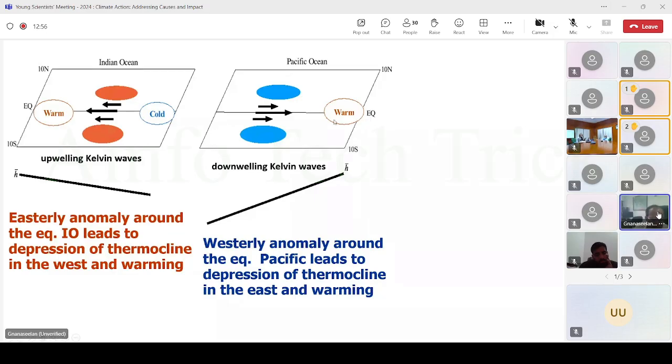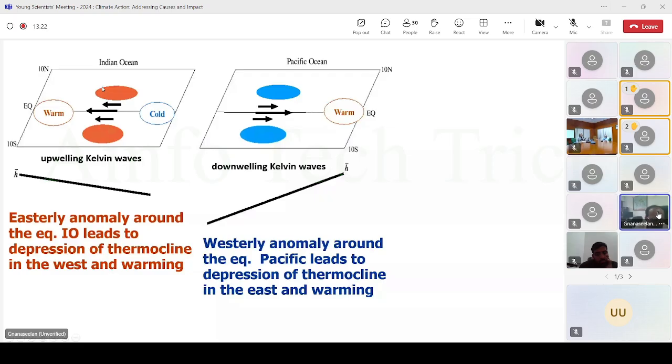Now, if you look at the trigger in both Pacific or Indian Oceans, the equatorial region will have more magnitude of wind anomalies compared to the off-equatorial region. So in the Indian Ocean, they can induce anticyclonic circulations.